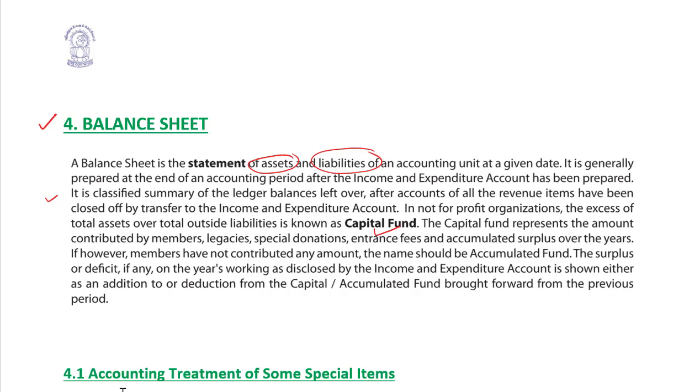If, however, members have not contributed any amount, the name should be accumulated fund. The surplus or deficit on the year's working, as disclosed by the income and expenditure account, is shown either as an addition to or a deduction from the capital or accumulated fund brought forward from the previous period.